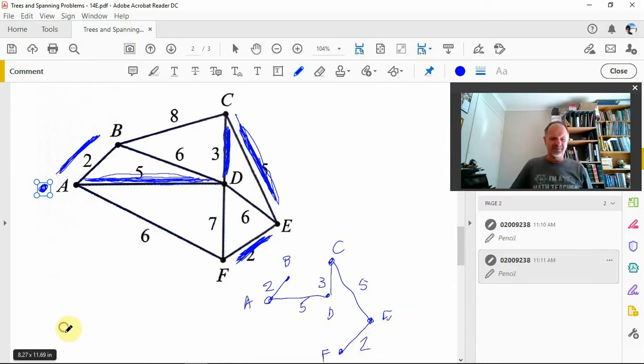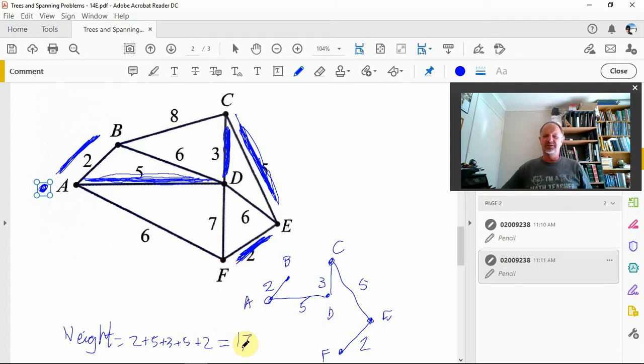So our weight of this one is 2 plus 5 plus 3 plus 5 plus 2, which is 5, 10, 12, 14, 17. All right, so the minimum spanning tree on this particular network that we've got is 17.